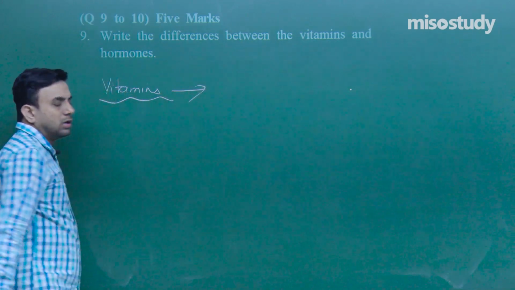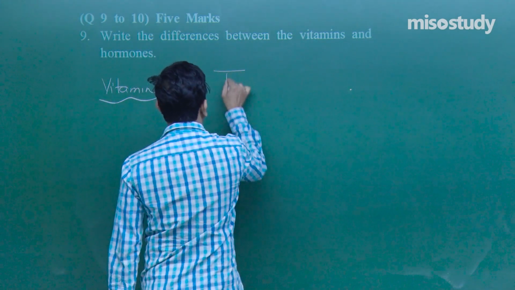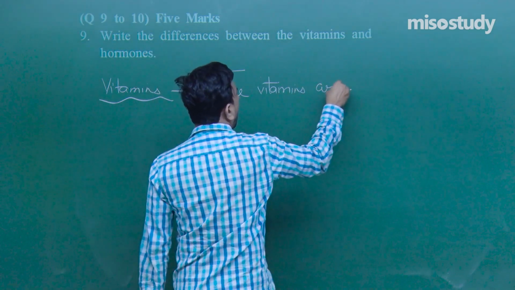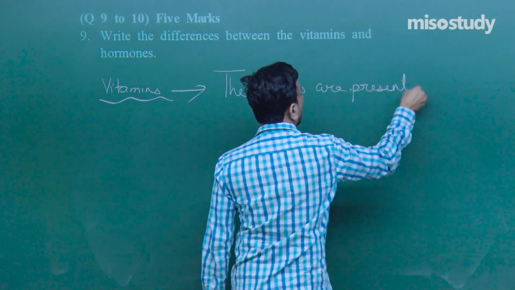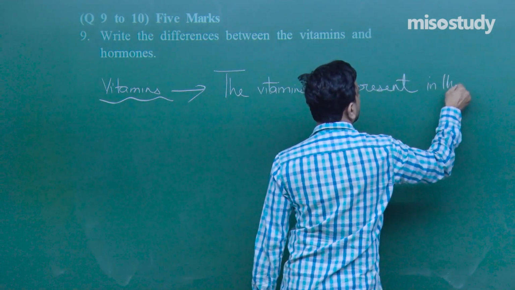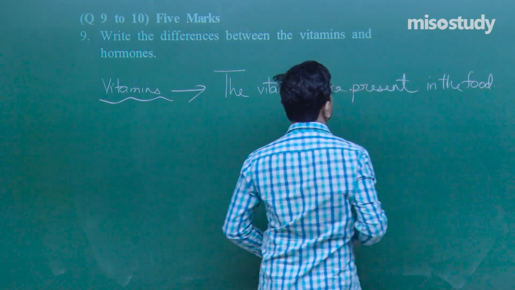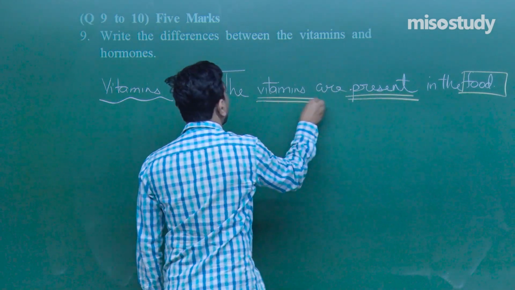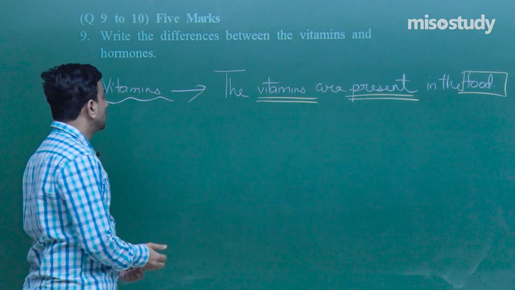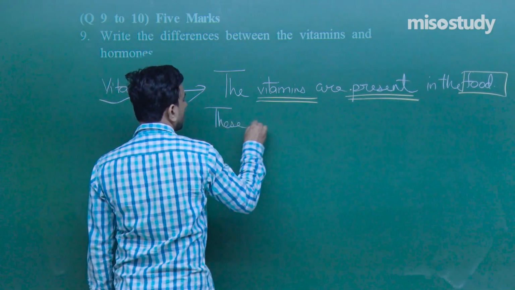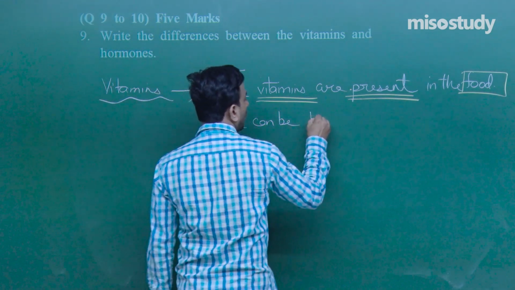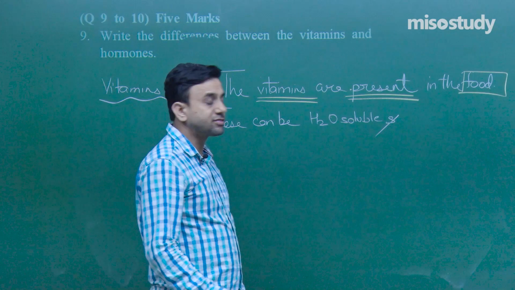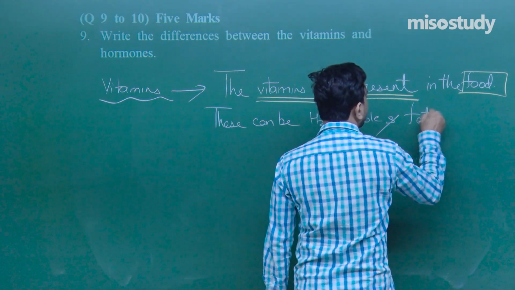Vitamins are obtained in the diet, the vitamins are present in the food. These can be water soluble and fat soluble as well.